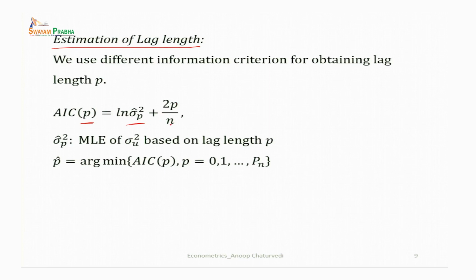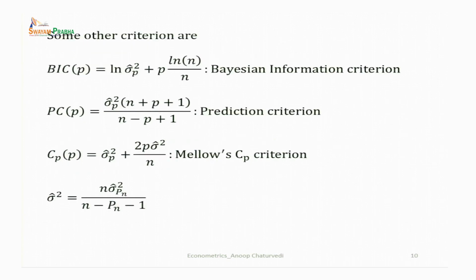It is the MLE of sigma square_u based on lag length p, and p hat is the argmin of AIC(p), p = 0, 1, and so on, say up to p_n. p_n is the maximum lag length which we are going to consider. So, p hat is that value of p for which AIC is minimum. We find that value of p for which this is minimum, and that value of p gives you an estimate of the lag length.